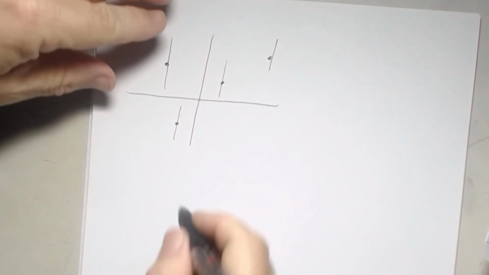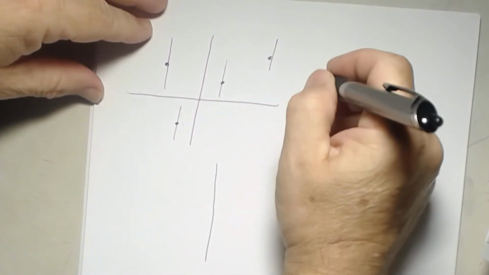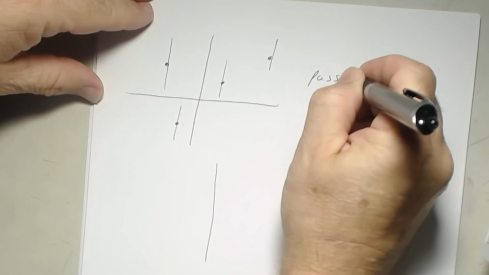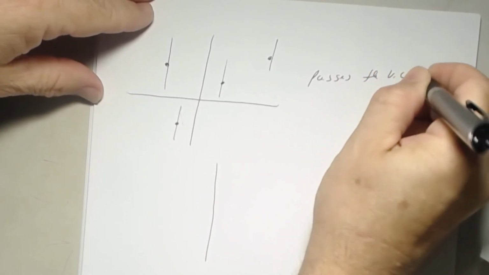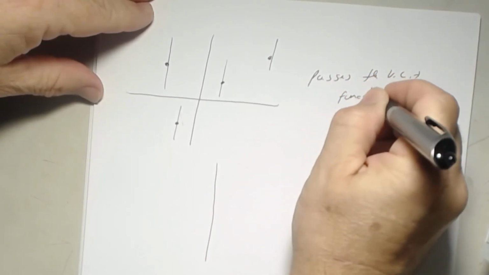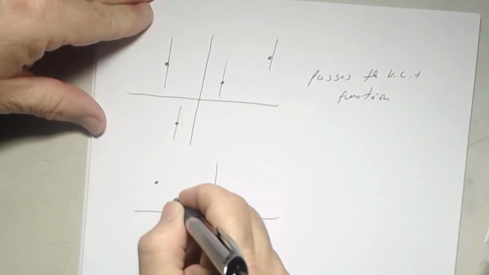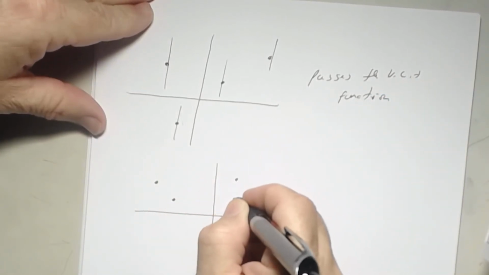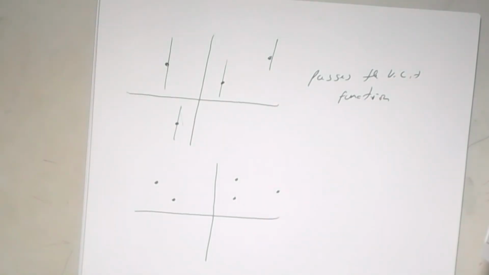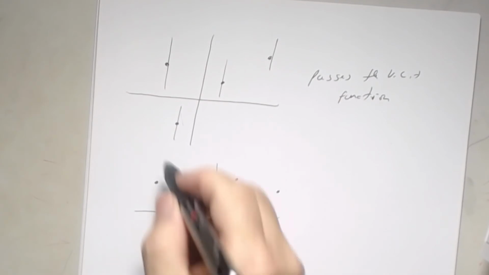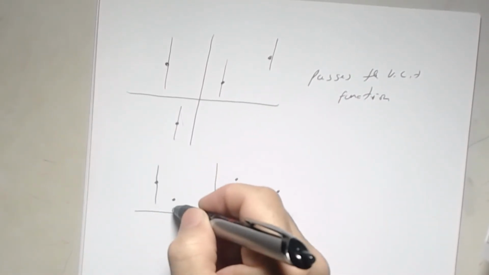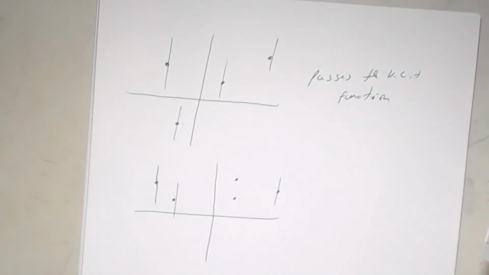Whereas, what if you had this? So this, it passes the vertical line test. So it's a function. What about this? Nope. Okay, I don't understand because it intersects once here, once here, once here. What's the issue?